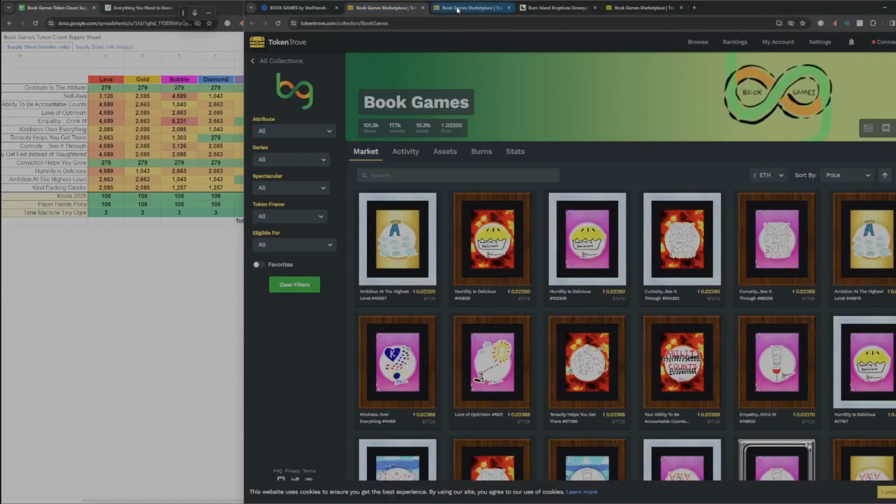Well, this is Book Game Spectator, so let's start with the two most important tabs, Market and Activity. Market is where people are offering up different book games that they may be trying to offload or float. Now you can change the denomination from ETH to IMX to USDC.